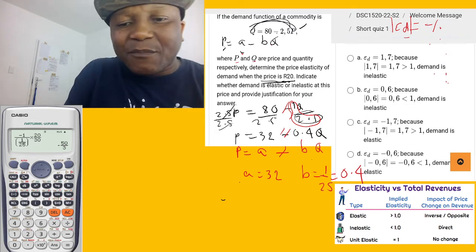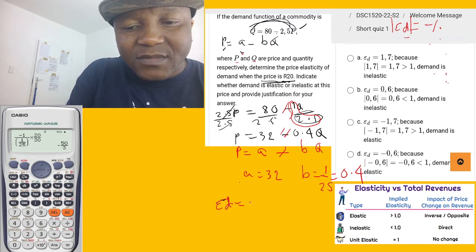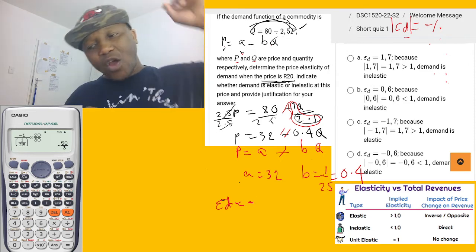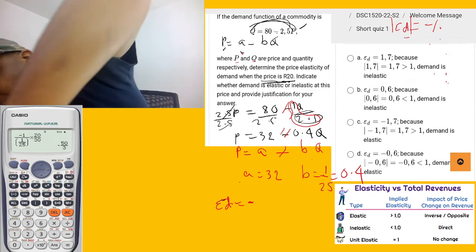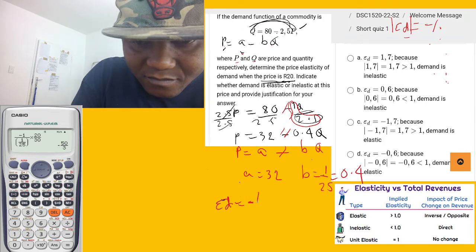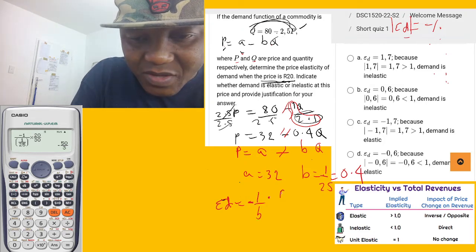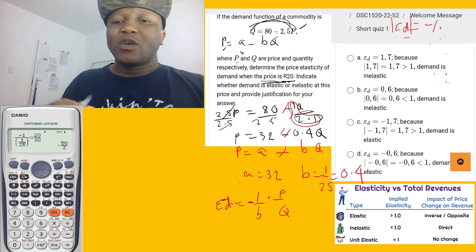So for that case, now we're going to substitute in elasticity of demand equal to negative 1 over B times P over Q.